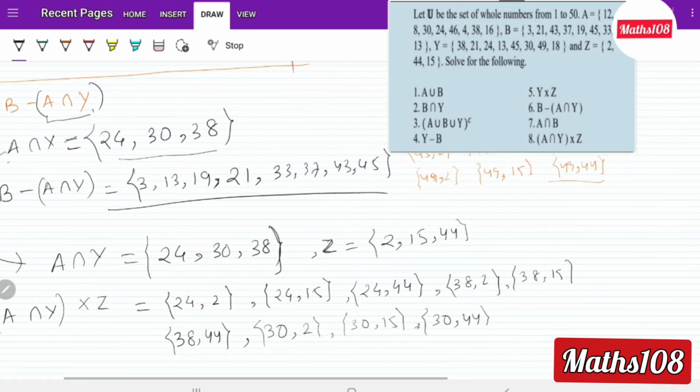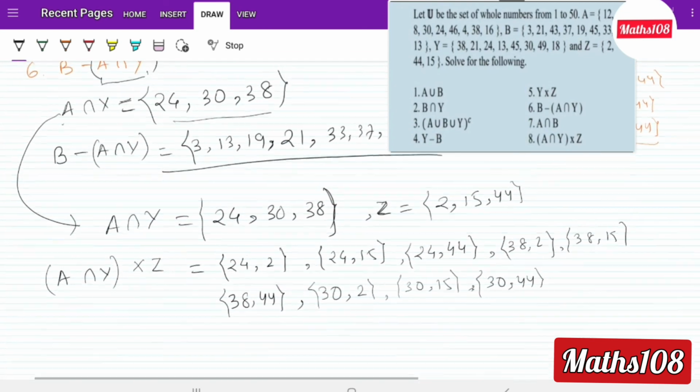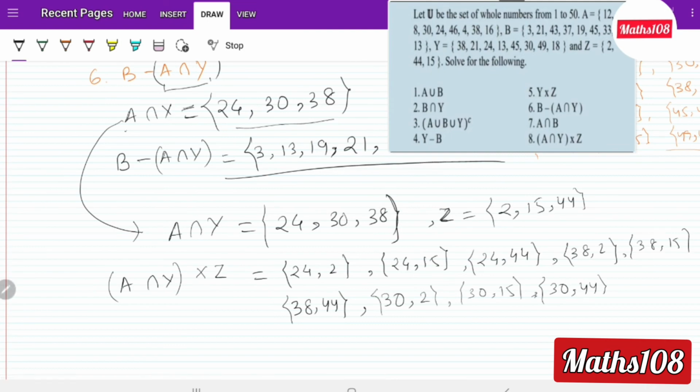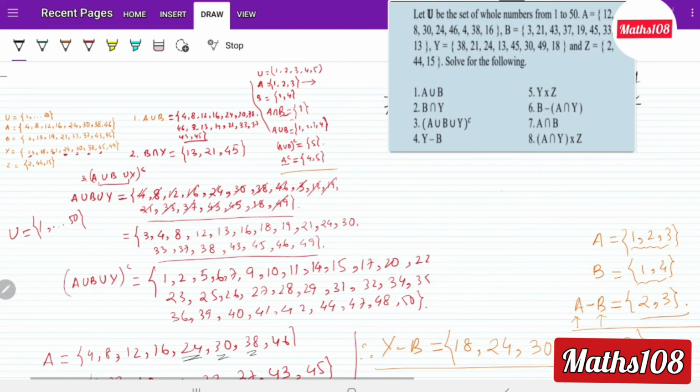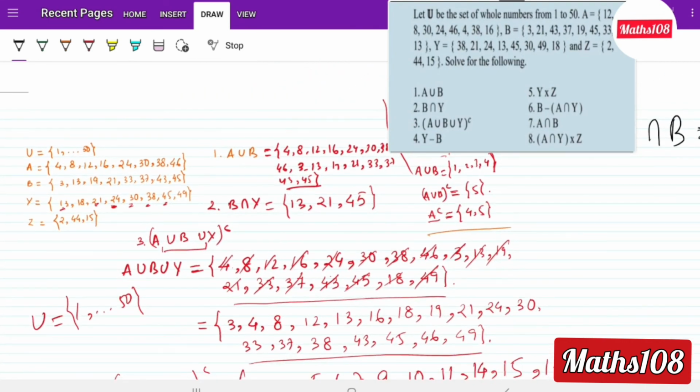Yeah, this is for A union intersection C. This is number 8. So let's check over here. First we calculated A union B. Union is something that we should write all the elements of A and B, writing only once the common elements, right?